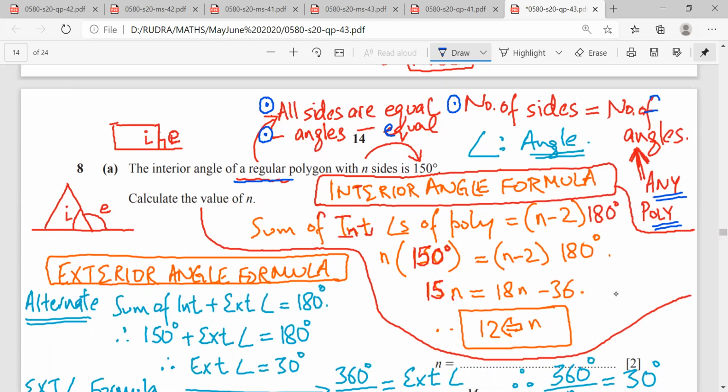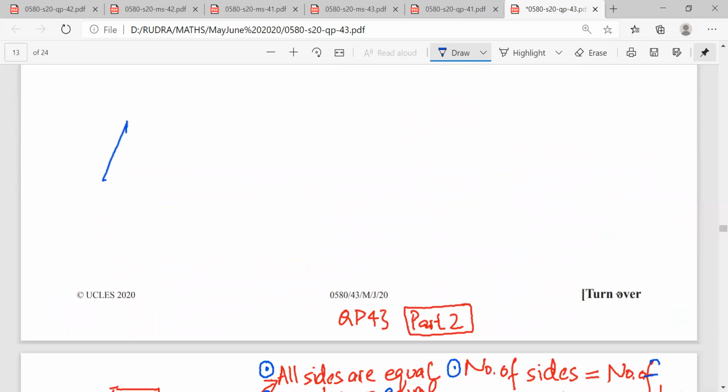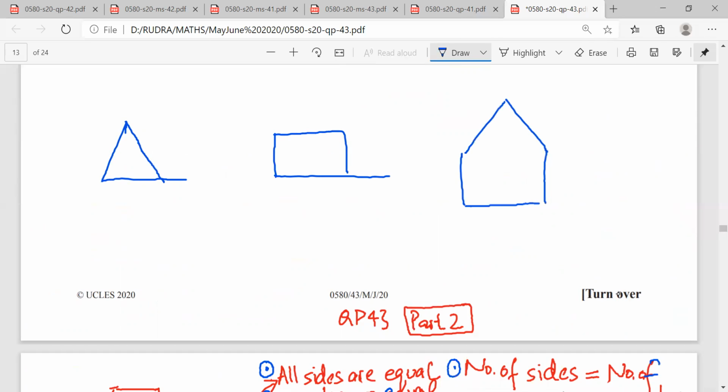So, for example, let us take some random examples. I take a triangle, or a rectangle, or a polygon like this. So it is 1, 2, 3, 4, 5, a pentagon. There are a few basic properties which are true for any polygon. The number of sides is 3, therefore the number of angles is 3.